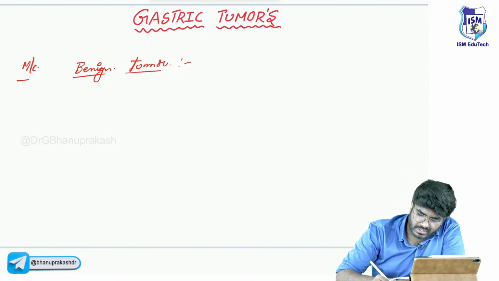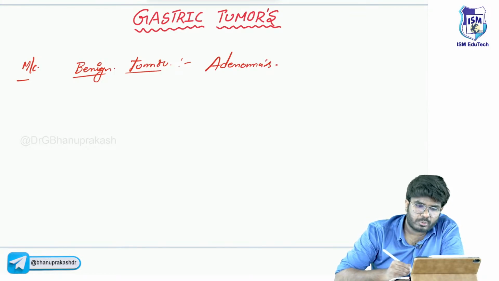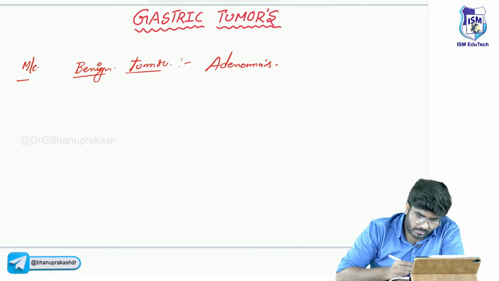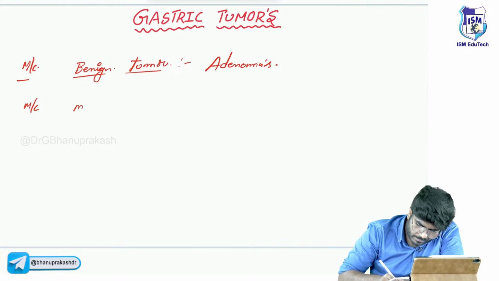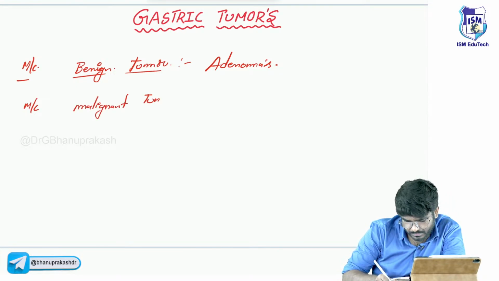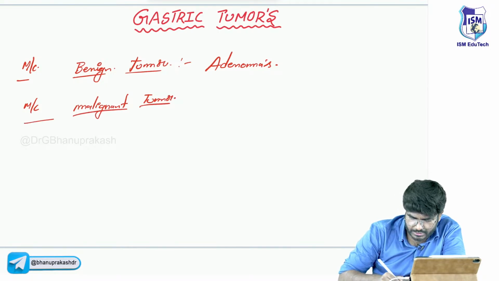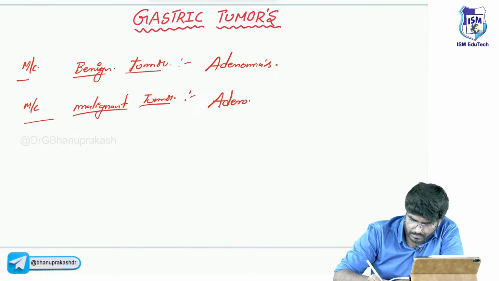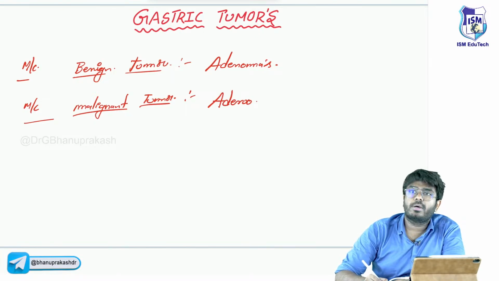Here, the most common benign tumors are called adenomas. Adenomas are not cancers. What is the most common malignant tumor? The most common malignant tumor here is adenocarcinoma of the stomach.